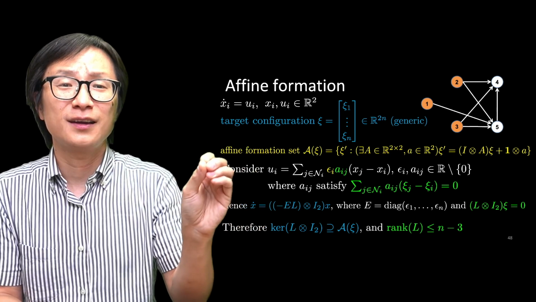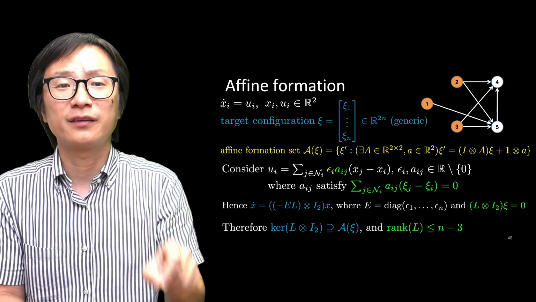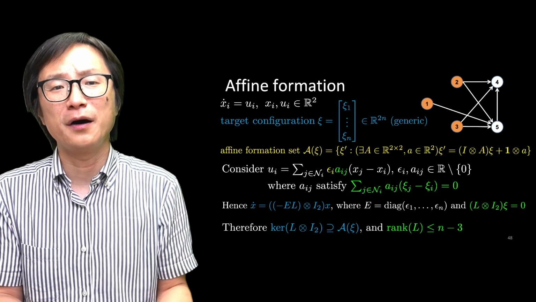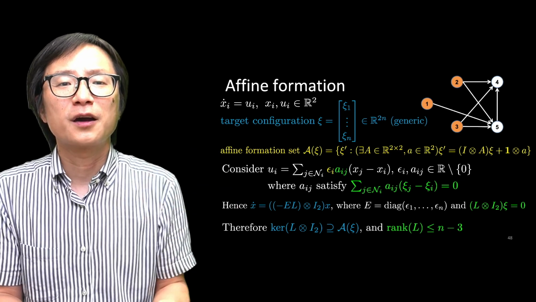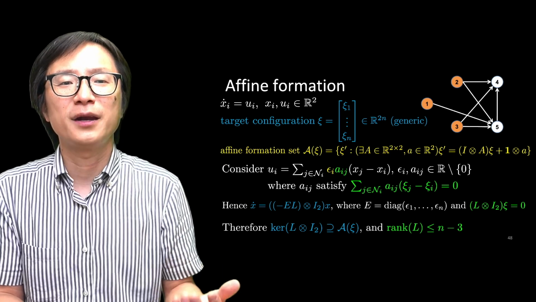If we call them xi one axis and xi the other axis, those 2 vectors also lie within the kernel of the signed Laplacian. So the kernel of the signed Laplacian is at least 3 dimensions.